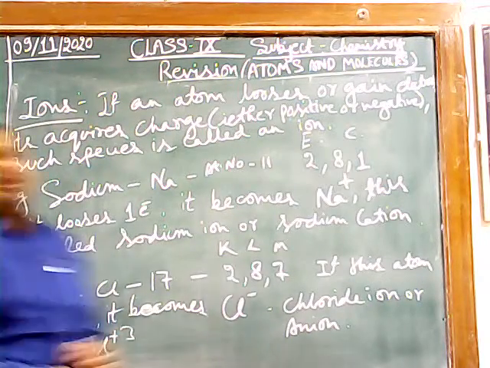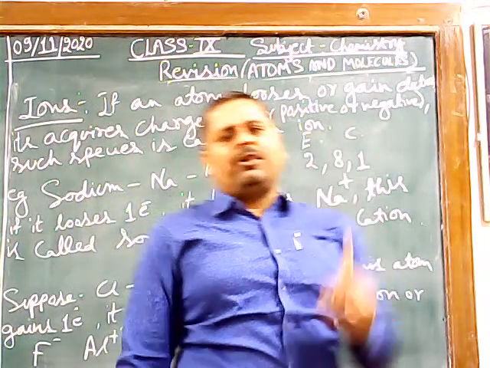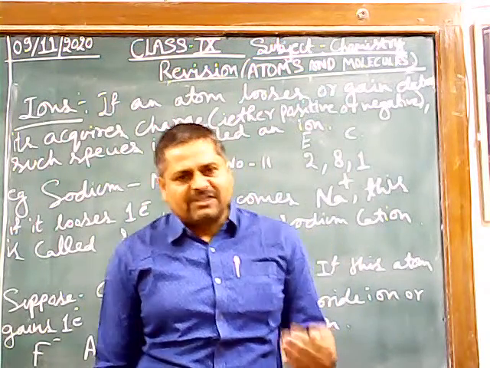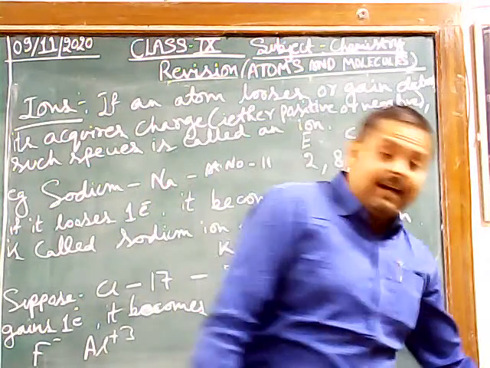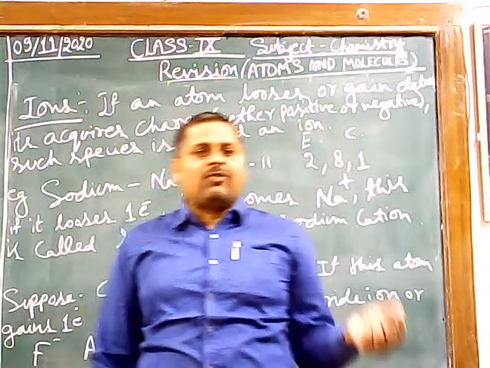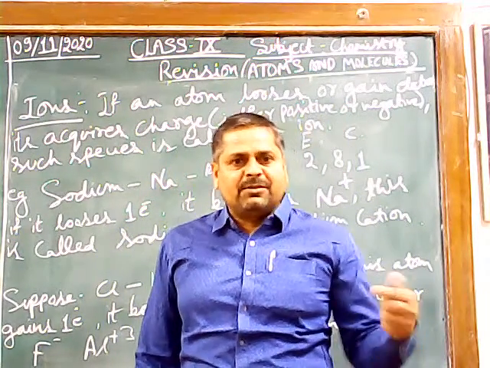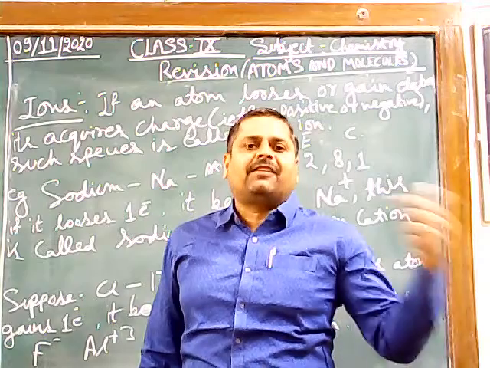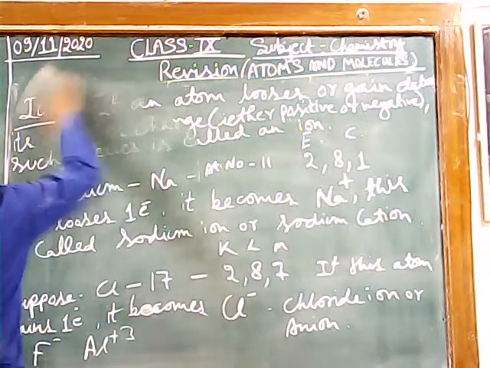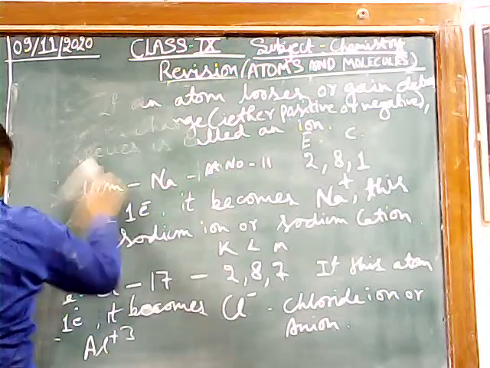Okay, so those ions which have only one atom in them are called monoatomic ions. Okay, and those ions which have two atoms in them, they are called diatomic ions. Similarly, triatomic ions, tetraatomic ions, or polyatomic ions. Okay, so this was about your ions.